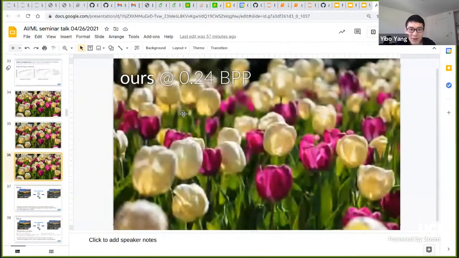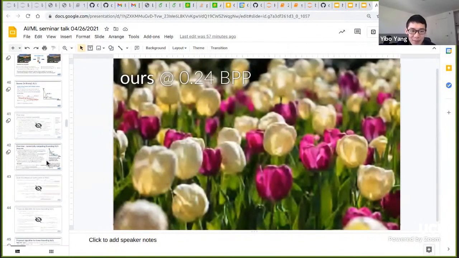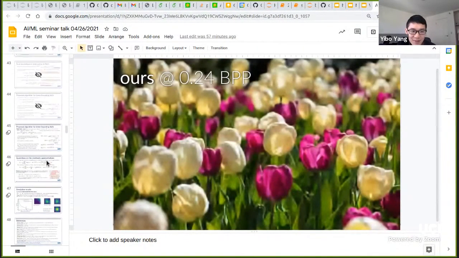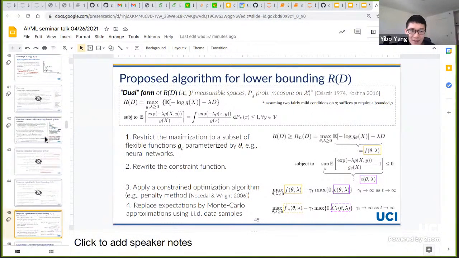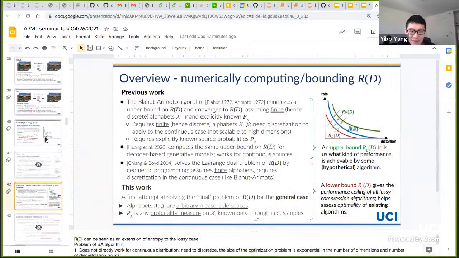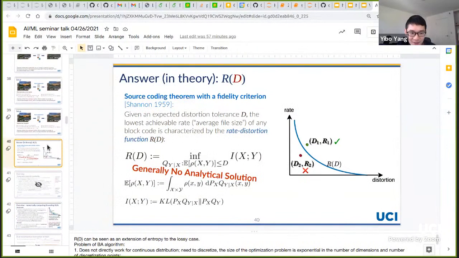But then there's also separate research on how to design this reconstruction or the distortion function. I don't think I have the slide here, but essentially it's this rho function, and there are information theoretic criteria you can look at. I think there's work on this, I think last year's NeurIPS, on how to optimize this rho.